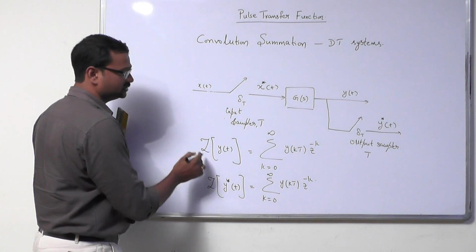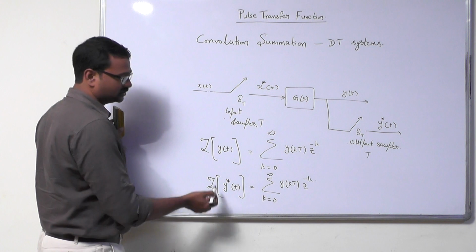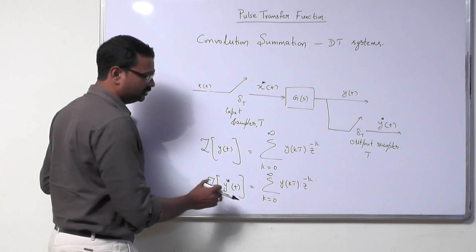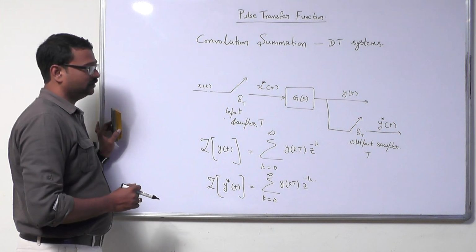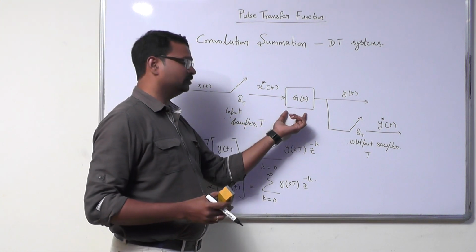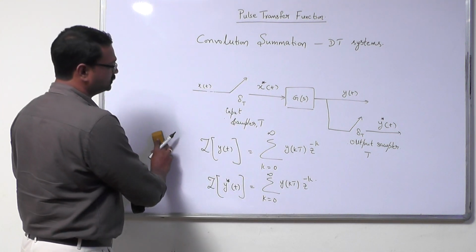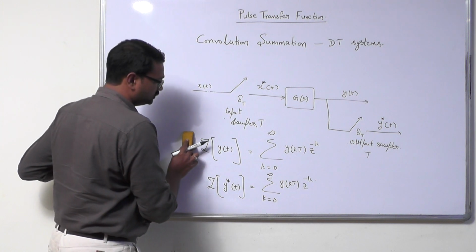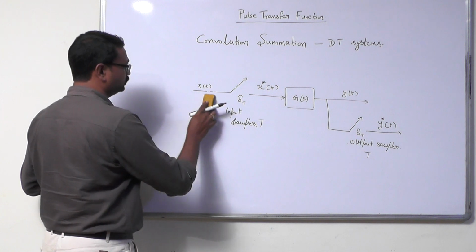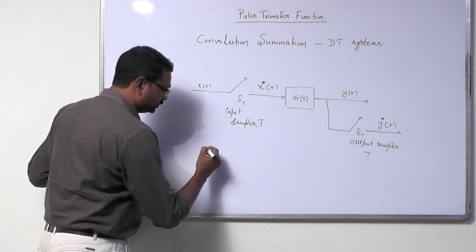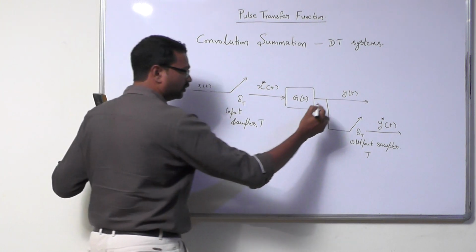So for both these signals, even if you are using an output sampler here or not, the same equation can be used to determine the output coming from the plant. So with this in mind, we will try to understand, by using the convolution integral, y of t, I want the output y of t.